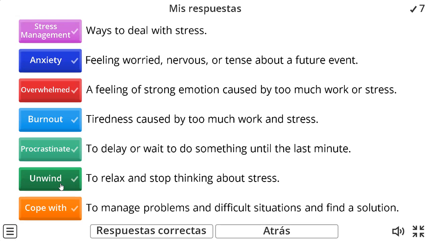Like the song, right? Don't worry, be happy. It is important, guys. So remember that unwind in this scenario is a verb. So you can say, I always try to unwind during the weekend, for example. I like to unwind at home, watching TV, or things like that.